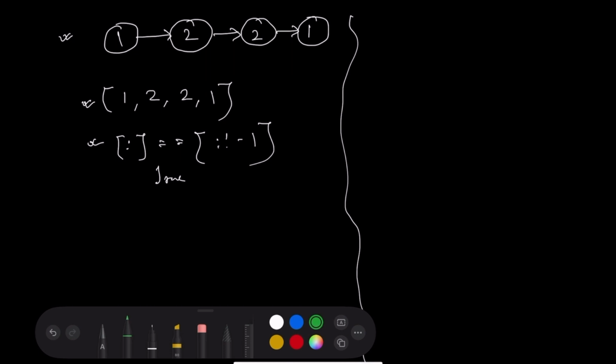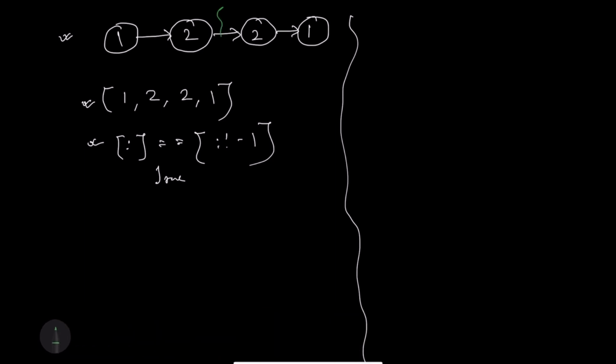So what we will do is first we will find the middle of our linked list. After we have found the middle, we will reverse this part. So we have got 1, we have got 2. After finding the middle, we will reverse it from the middle.